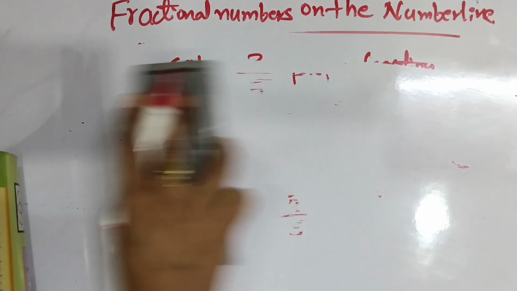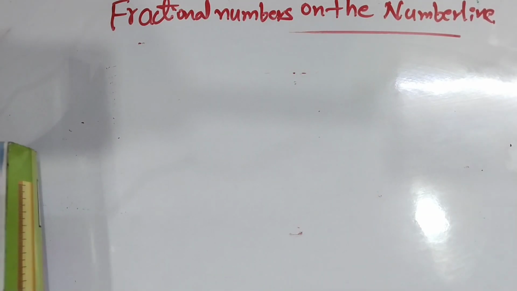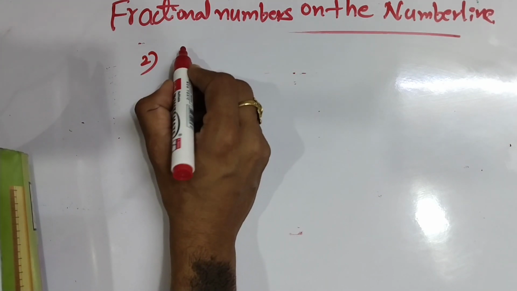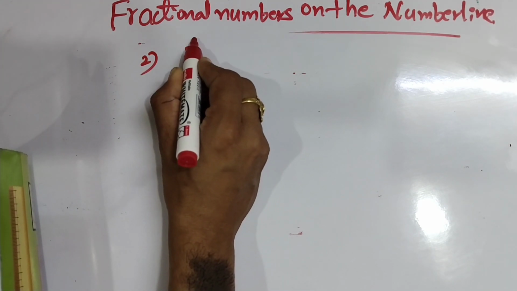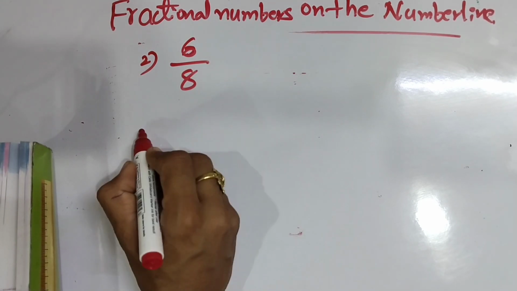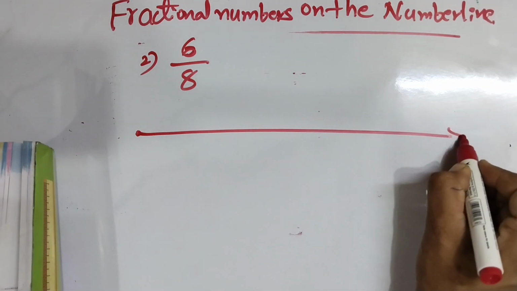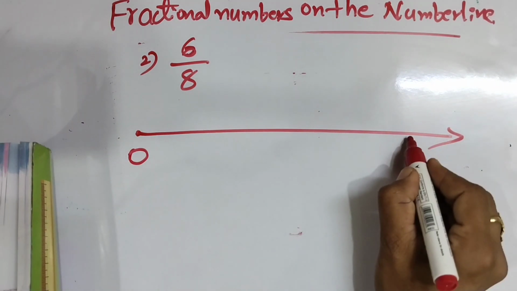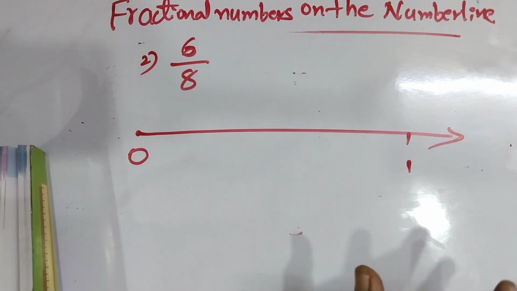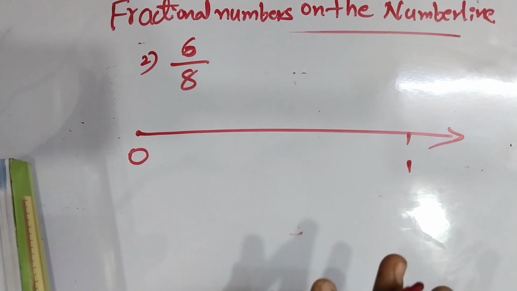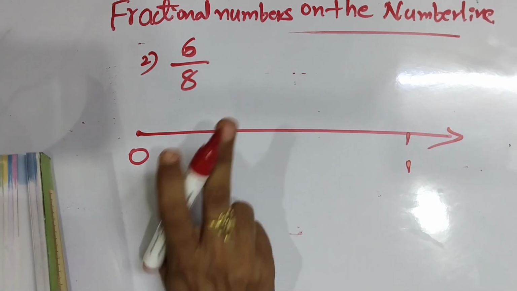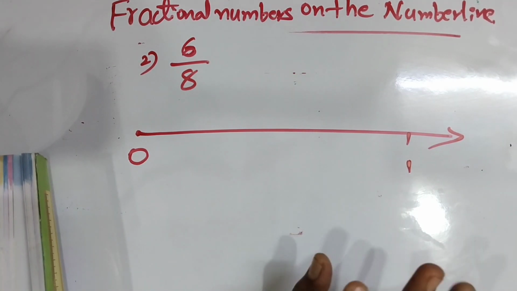One more example we are going to discuss. Second one, tell me one proper fraction. 6/8. Any proper fraction you can take. We have to draw 0 to 1. Why? Because we need only 0 and 1 on the number line, because a proper fraction value is always in between 0 and 1.